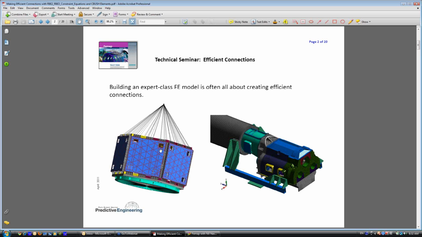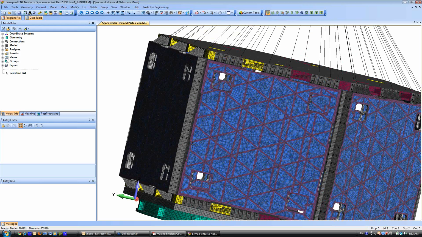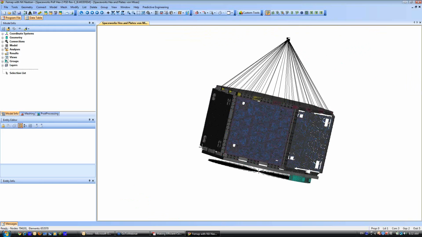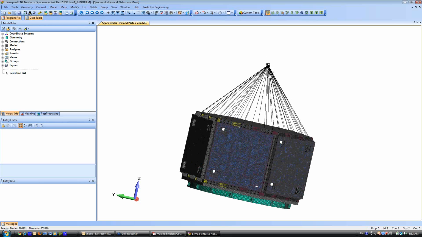Why should we even bother getting into this? Any real engineering system model will be using RBE2s, RBE3s, or multipoint constraint equations of some type. They're everywhere. For example, on this large model of a research satellite, we're using a rigid link to tie into a large mass sitting on top.